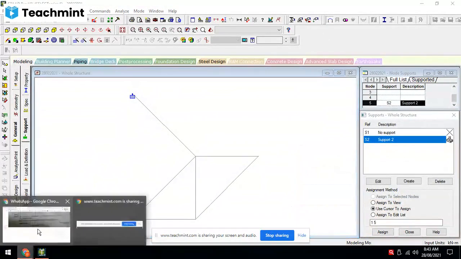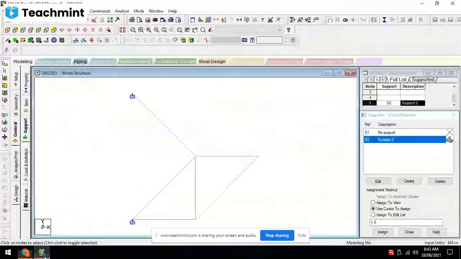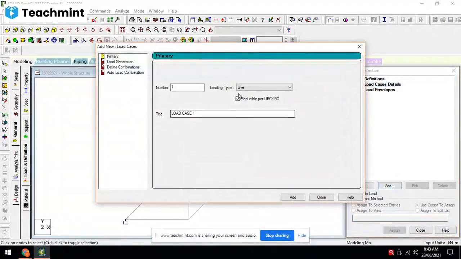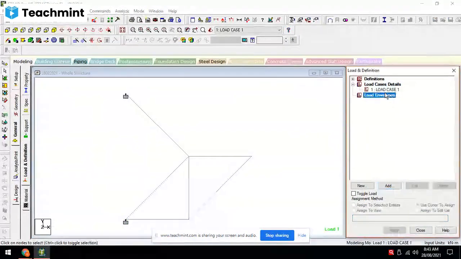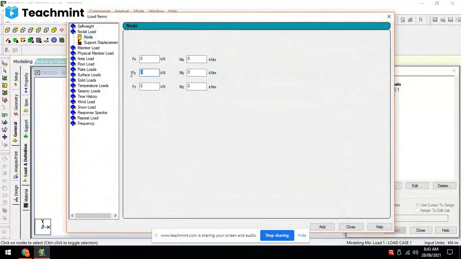Then assign the support, we'll assign the fixed support. Okay. Then point load is applied at this end, P. So we'll take the nodal load. Suppose we will take minus 10, add, close.